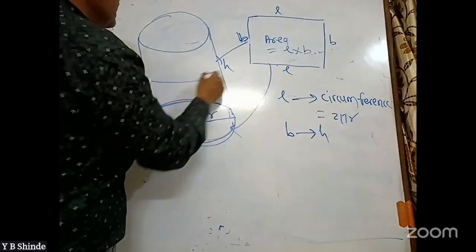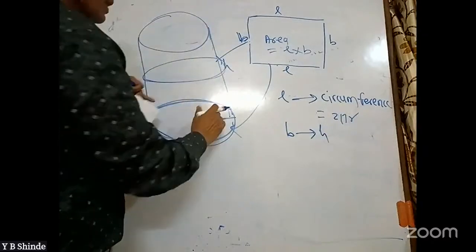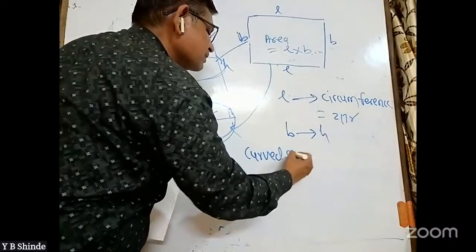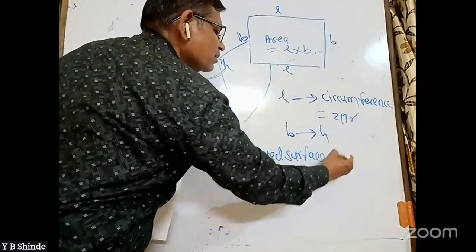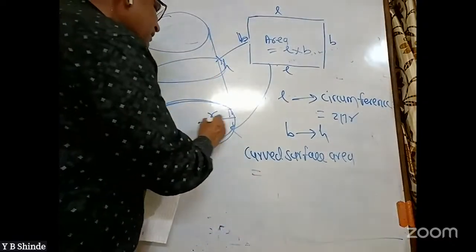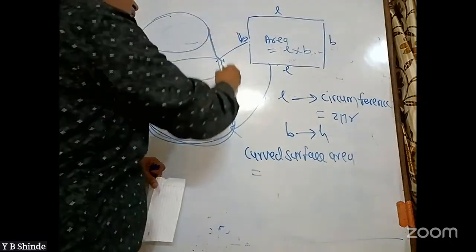Curved surface area, from here to here, the whole area. Curved surface area of cylinder will be what? Base circumference into height.